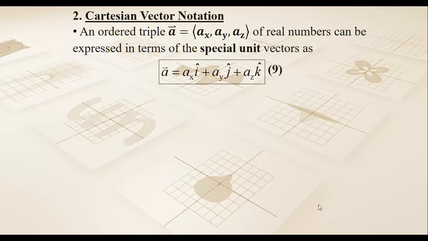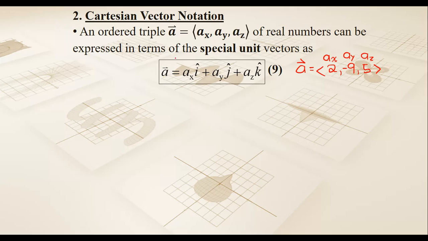Let me give you an example of what this might look like. Let's say I had an ordered triple vector, and I'll make up some numbers here: 2, -9, and +5. So this 2 is ax, that -9 is ay, and this 5 is az.